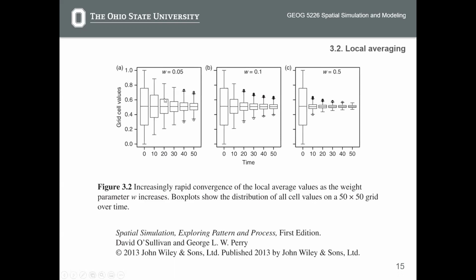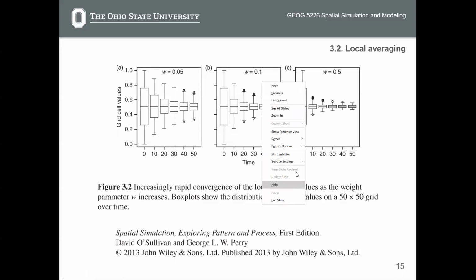You can see that the difference between the max value and the mean value decreases. At the very beginning, the difference is 1, from 1.0 to 0.0. After 50 generations, the range is from maybe 0.3 to 0.7. Obviously, the difference gets smaller.